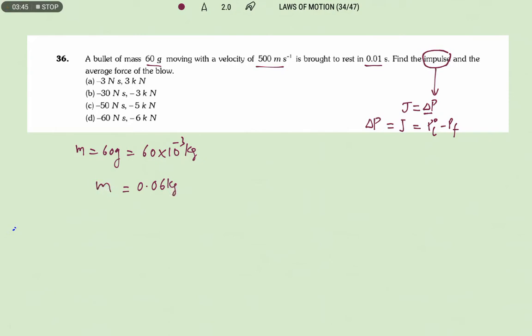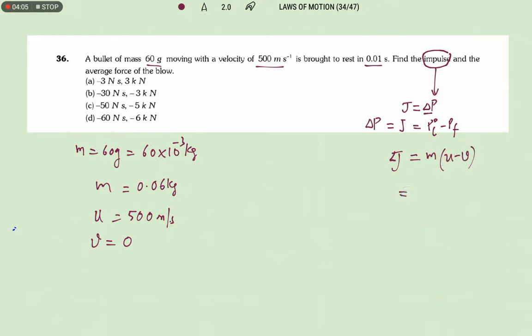And what is its velocity? So initial velocity u equals 500 meter per second. It is brought to rest. That means final velocity is 0. So we can write here change in momentum or impulse m into u minus v.